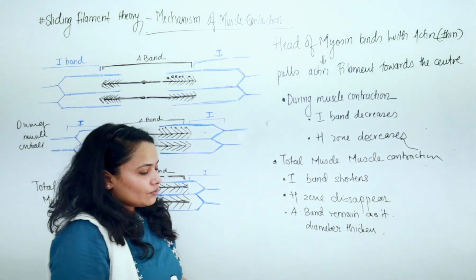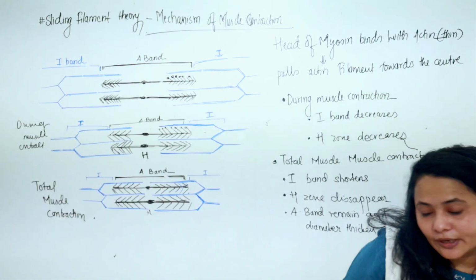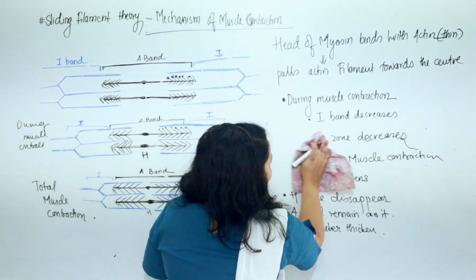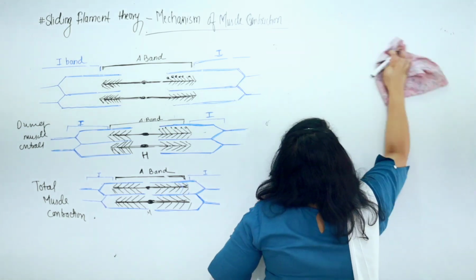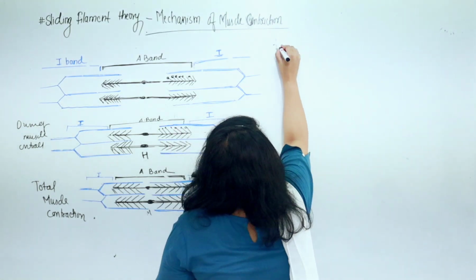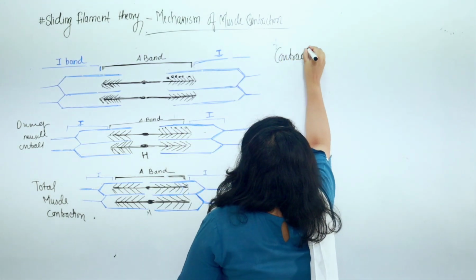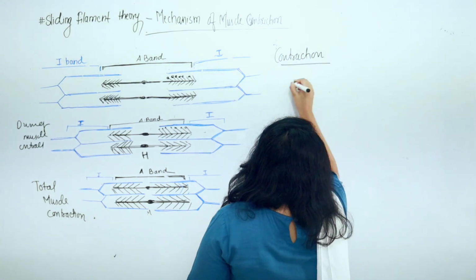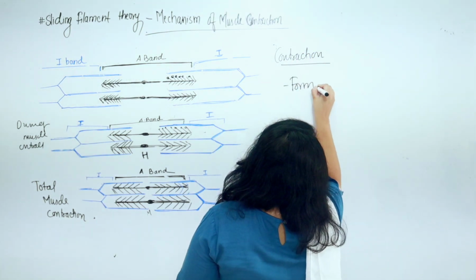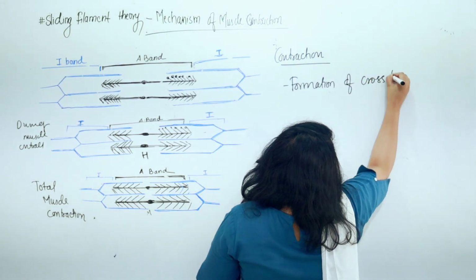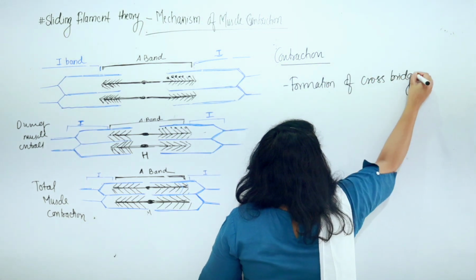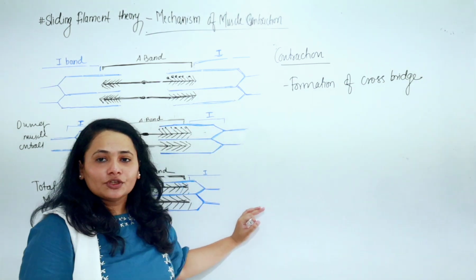Okay. So now we will be talking about how the contraction is taking place. The contraction is taking place because of formation of cross bridge. Now what is cross bridge?